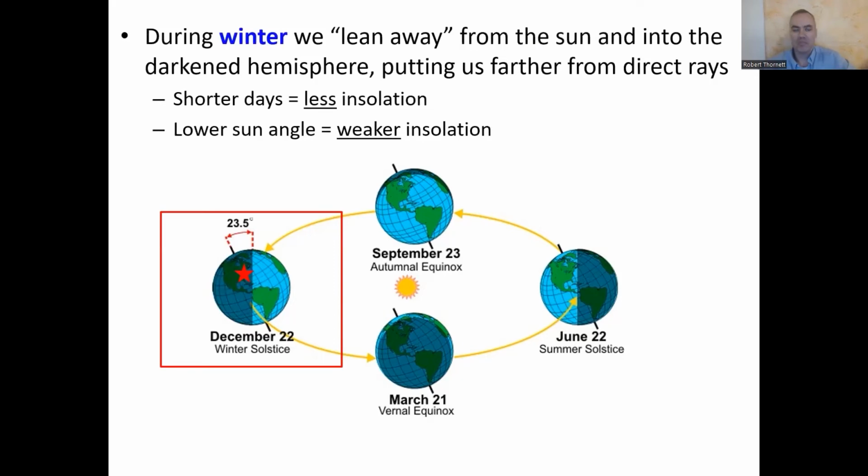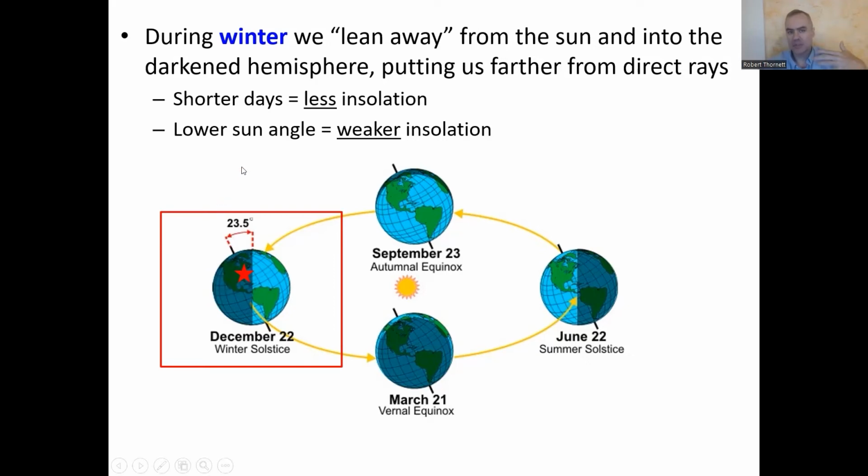In the wintertime, it's exactly the same, except in reverse. Now you're spending more time rotating through the darkened hemisphere because the axis is now leaning into the darkened hemisphere more. It's not lined up with the circle of illumination. And hence you'll spend more time rotating through darkness each day, and that will give you more hours of night each day, and your days will be shorter than your nights.